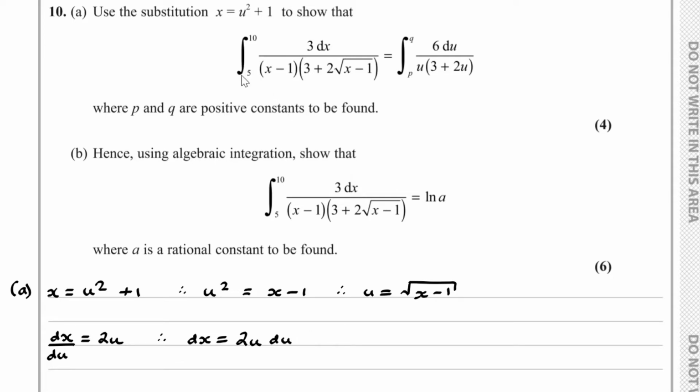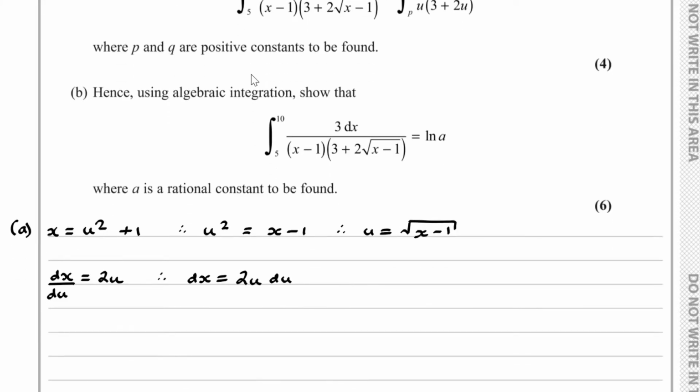Now, when x is equal to 5, we can find out what the corresponding u limit will be. So when x is equal to 5, using this result here, u is equal to the square root of 5 minus 1. 5 minus 1 is 4, so we have the square root of 4, which is 2.